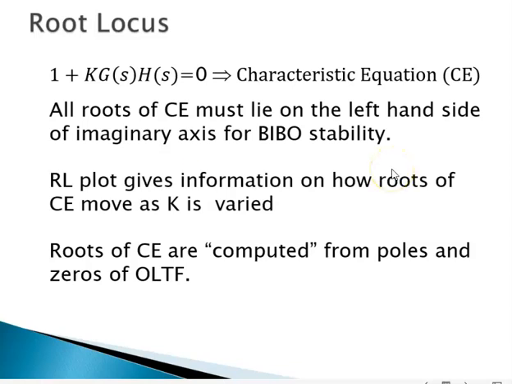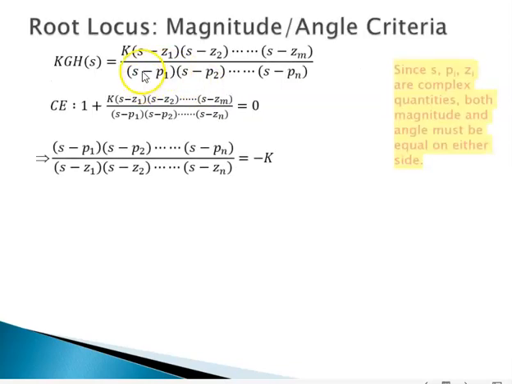All the rules of plotting this root locus begin with the open loop transfer function, that is this KG(s)H(s), which will be in the form given here.